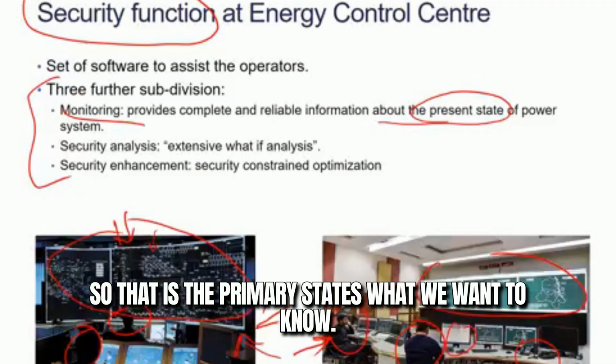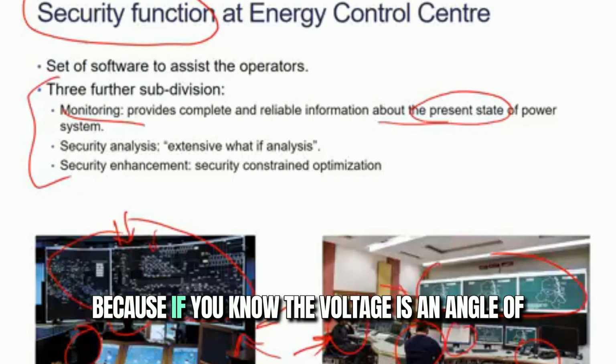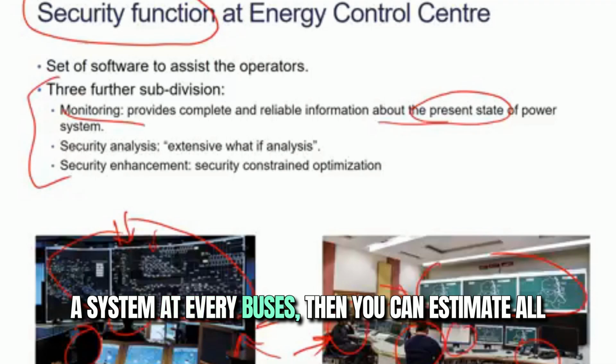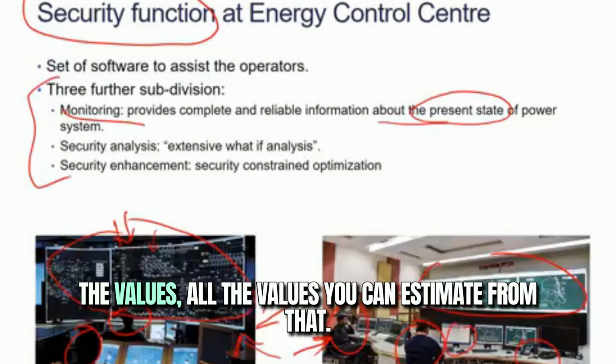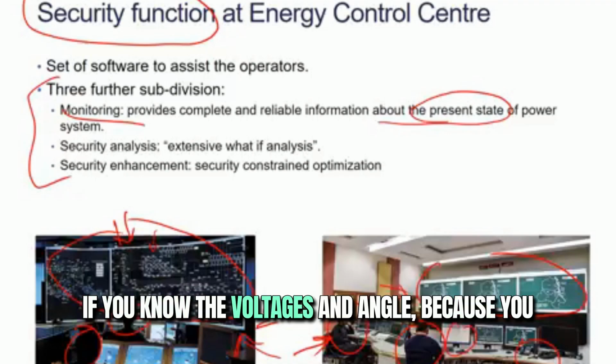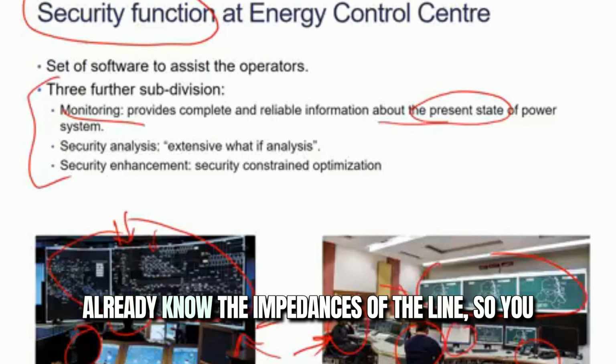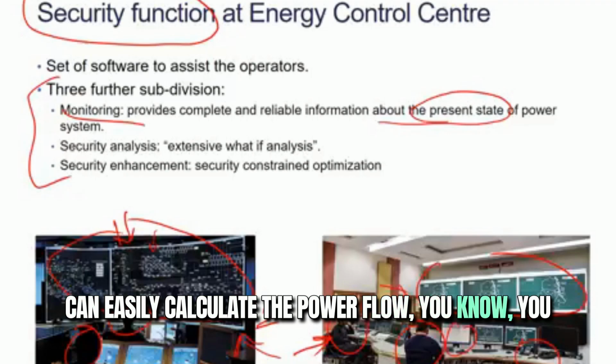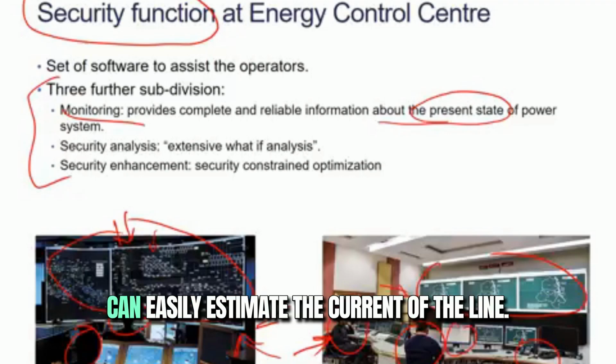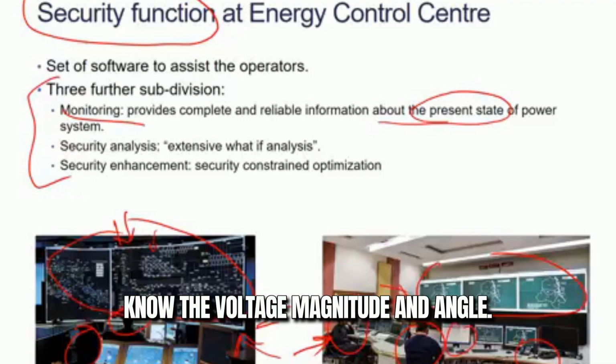That is the primary state we want to know, because if you know the voltages and angles of a system at every bus, then you can estimate all the other values. Because you already know the impedances of the lines, you can easily calculate the power flow and the current of the line. Everything you can identify if you know the voltage magnitude and angle.